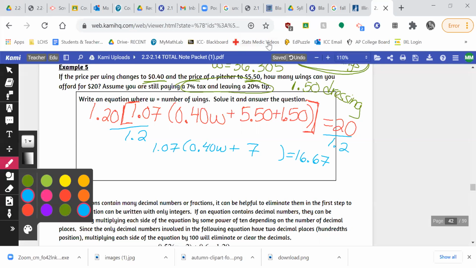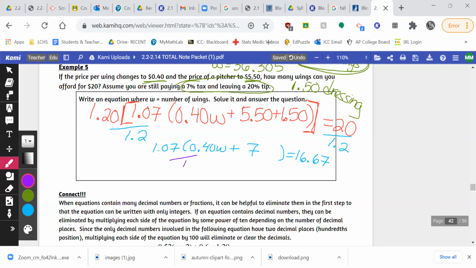Okay, the next thing I'm going to do is divide by 1.07. And I get 15.57.